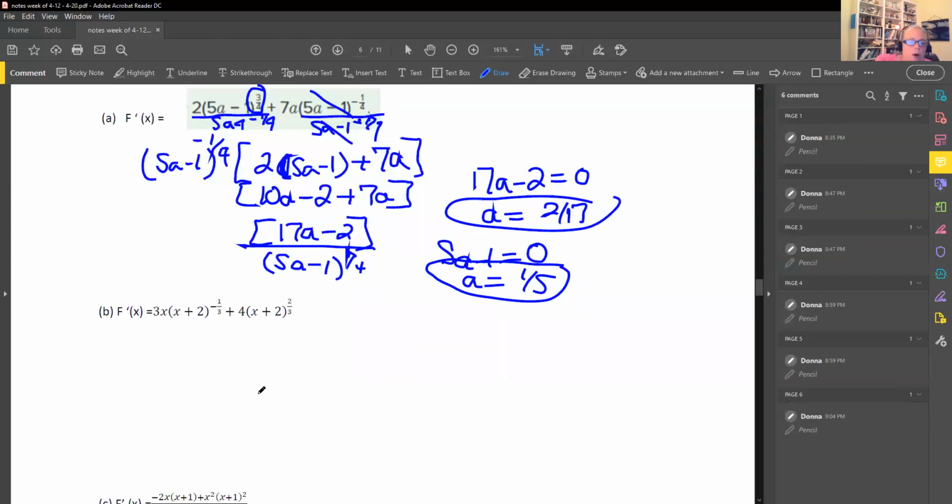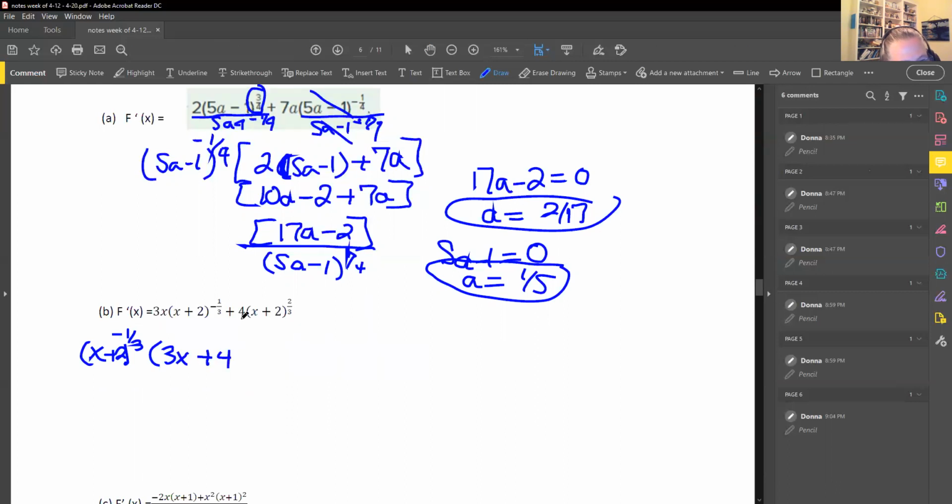All right, again, more practice with fractional exponents. The lowest power would be x plus 2 to the negative 1/3 here, and that's all they have in common. So I'm going to take out an x plus 2 to the negative 1/3. And I'm left behind with 3x plus 4.